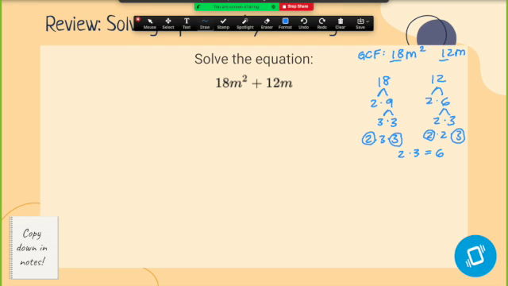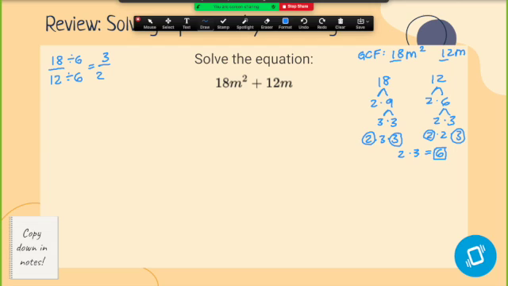Cool. And another way of checking to make sure that that is the greatest common factor is by placing the two numbers in a fraction. So right here, 18 and 12, if I were to divide both by 6, would I get a simplified fraction? We have here 3 over 2. 3 over 2 can't be simplified any more than that, so we could say that 6 is perfect.